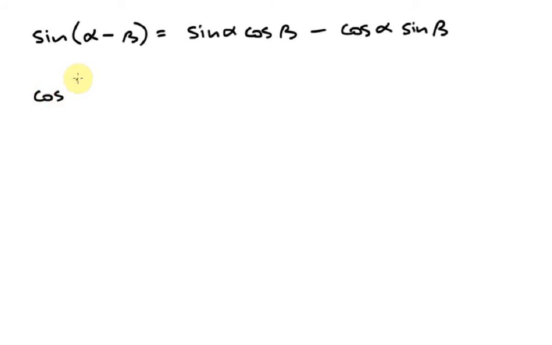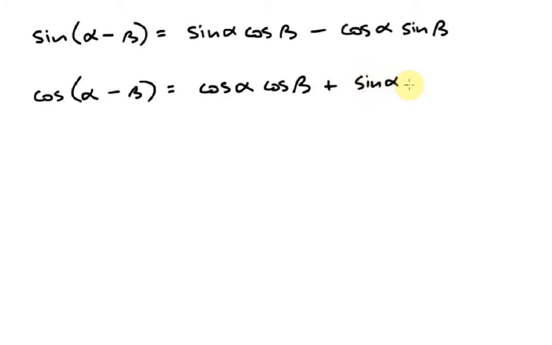But of course, along comes cosine, and it's going to do things a little differently. We're going to have cos of the first times cos of the second, and then plus, of all things, sine of the first times sine of the second. And then there's tangent, which is very similar to the tangent when you add the two angles together.